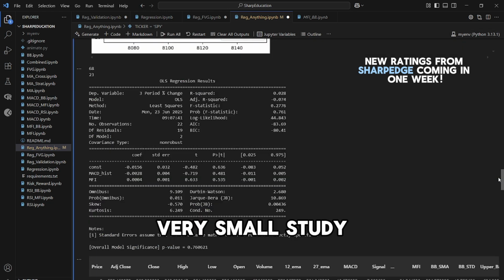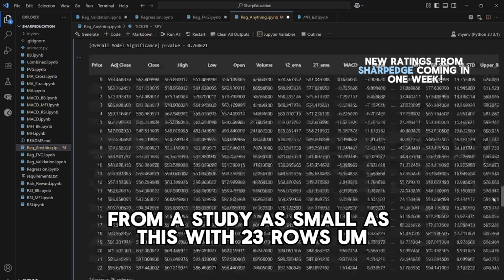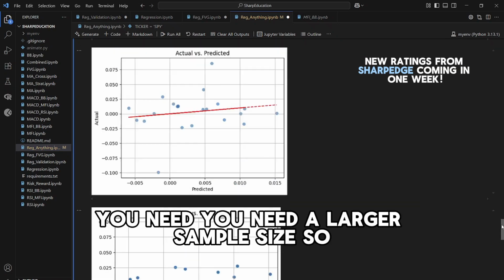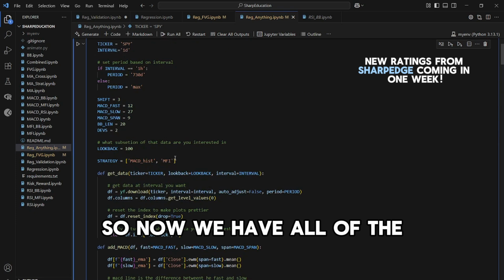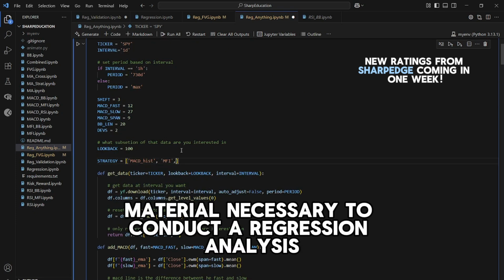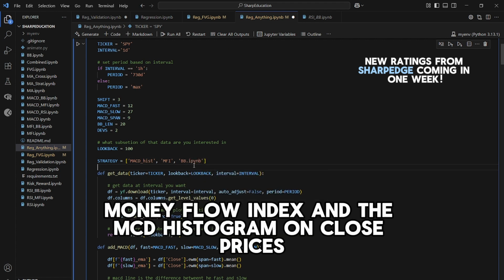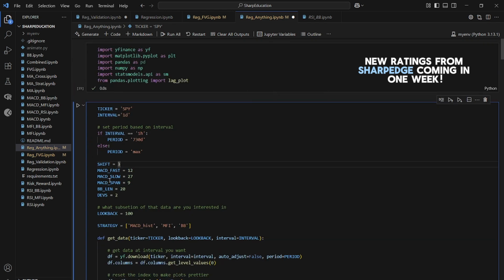Very small study. So we're never going to get statistical significance from a study as small as this with 23 rows. You need a larger sample size. So now we have all of the material necessary to conduct a regression analysis on Bollinger Bands, money flow index, and the MACD histogram on close prices, however many periods in the future we want, with no autocorrelation.